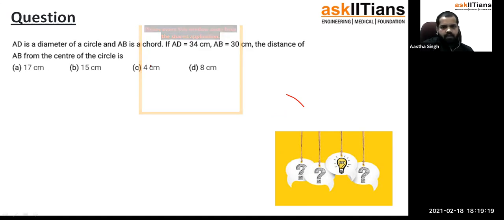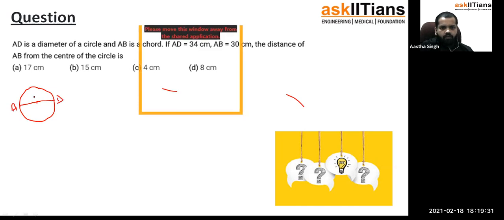Okay, let us try, right? AD is a diameter. A circle is there, AD is a diameter, right? So let's suppose A and D is a diameter with center O. AB is a chord, suppose it starts from A, right? Your AD is 34, it means your radius will be 17, right? And AB is 30, okay.